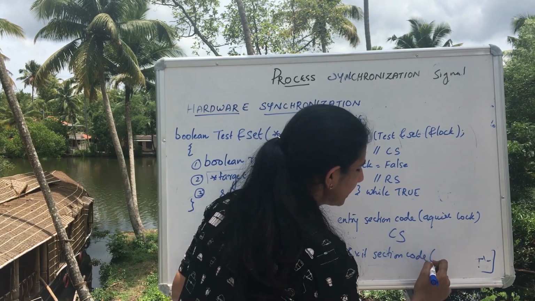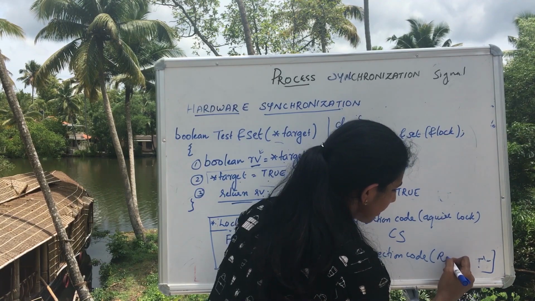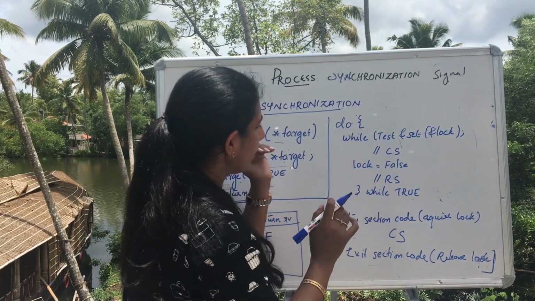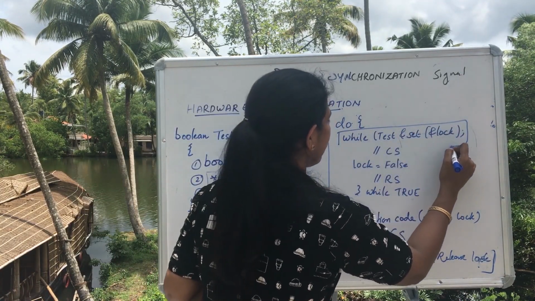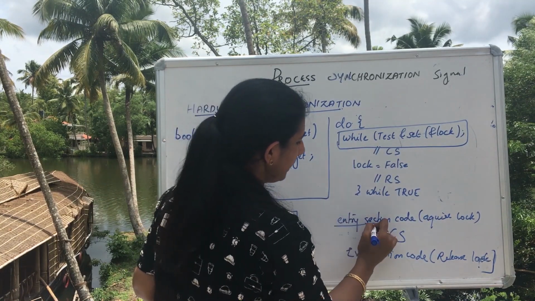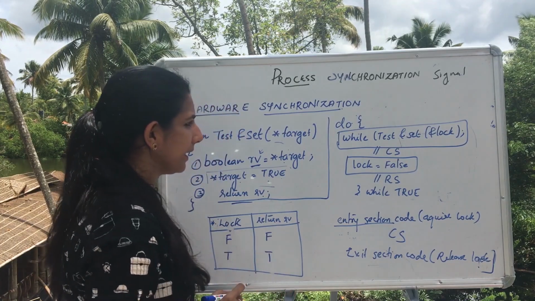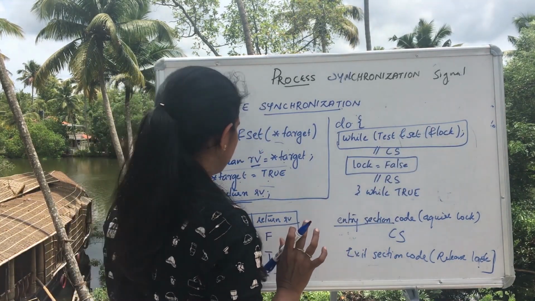So this was a basic concept we have seen from the beginning of process synchronization. So in this particular code, whenever a process wants to enter into the critical section, this part becomes the entry section code, and this becomes the exit section code. So let's see the implementation. As I said, lock is here over the target value.